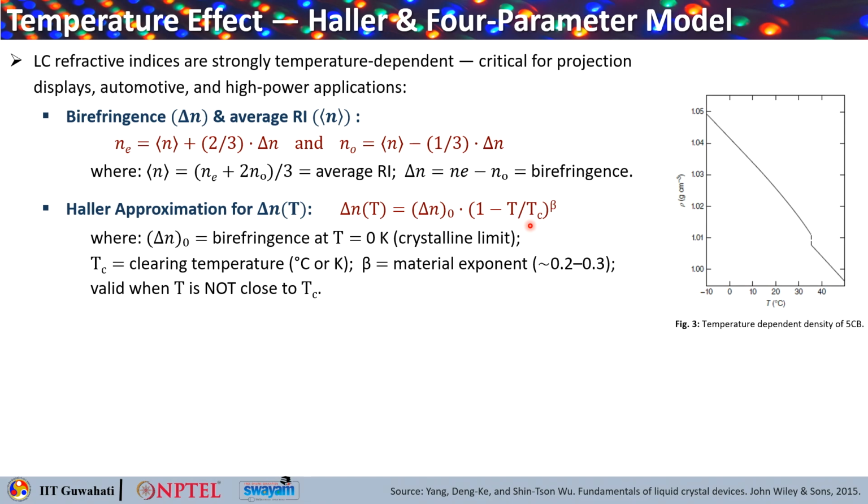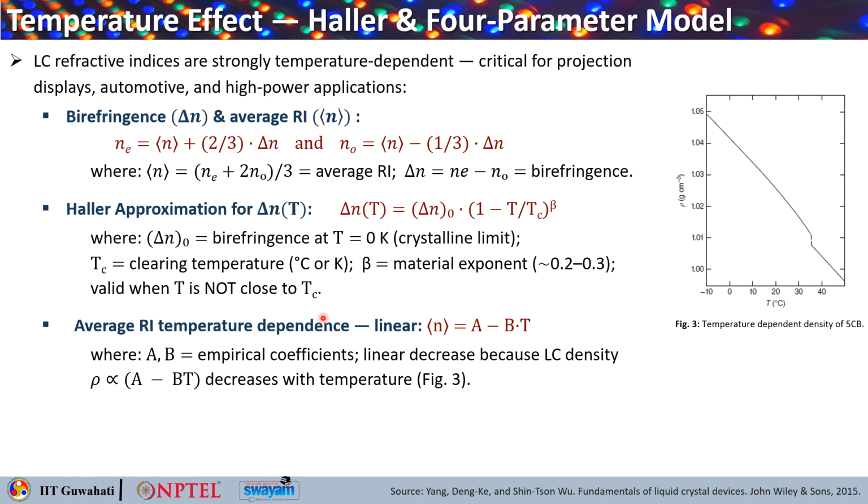Tc is basically the clearing temperature, which can be in Kelvin or degrees centigrade. This beta is the material coefficient or exponent. It typically ranges from 0.2 to 0.3, and it is valid when T is not so close to Tc.